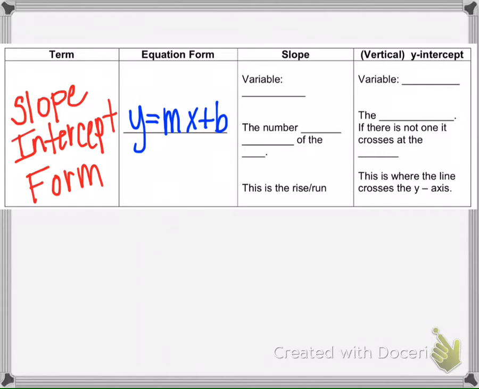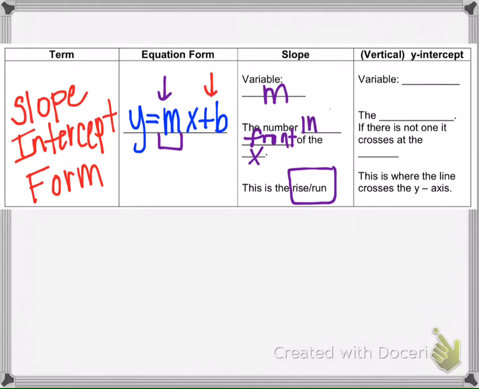And when it is, the slope is the m, so whatever number is in front of the x is the slope, and it represents the rate of change or rise over run.